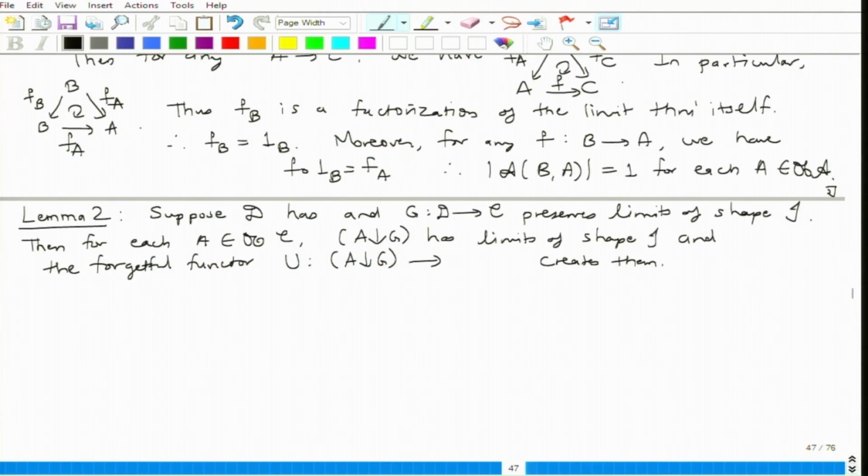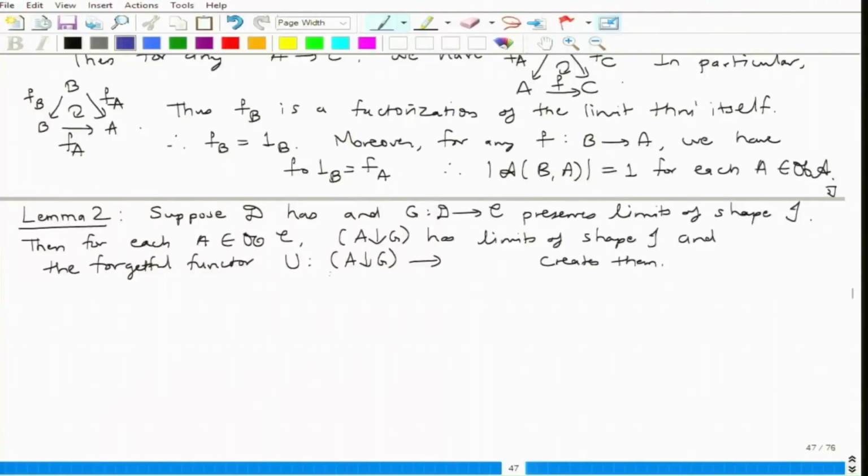Morphisms are not the objects, it's a pair, B comma F, where B is in, okay, let me write it. B comma F. F is from where to where?